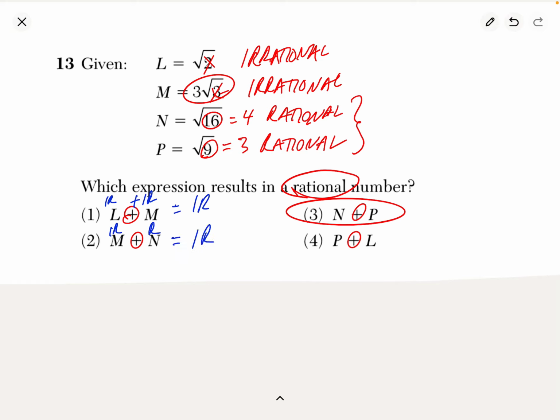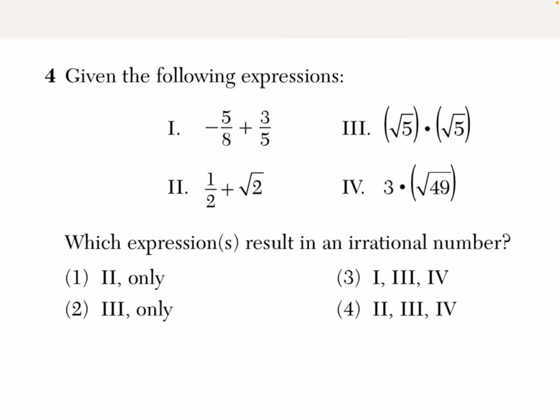The only way that you can get a rational number is if you add rational numbers. That's the only way. Now, here in 4P is a rational number, but L is an irrational number. So when I add a rational number plus an irrational number, it's going to be irrational. And that's it. So that's how you would do that.